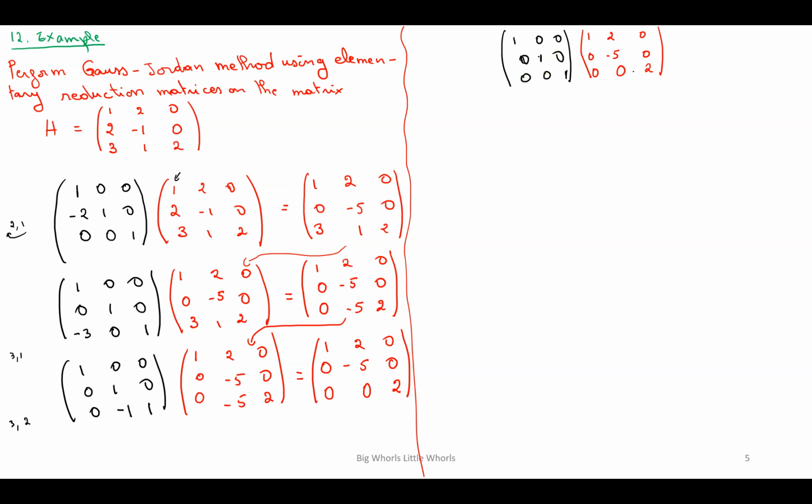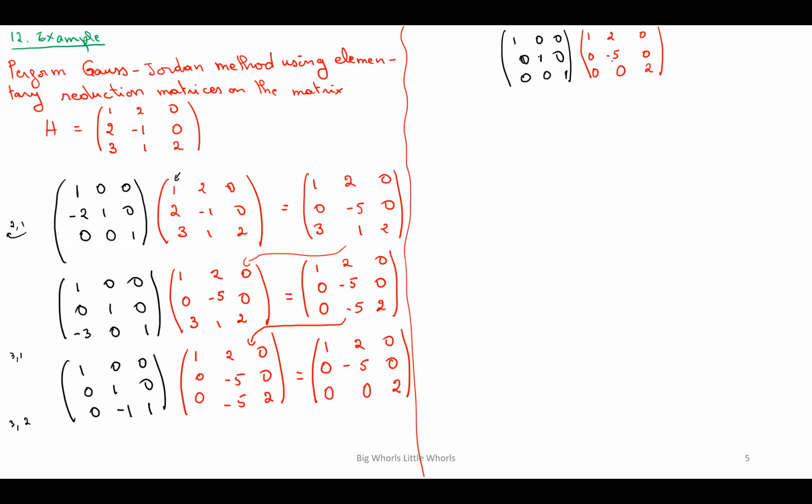So what are we going to do? The next step in Gauss-Jordan elimination is to turn all the diagonal entries into 1. So I'm going to multiply row 2 by -1/5.